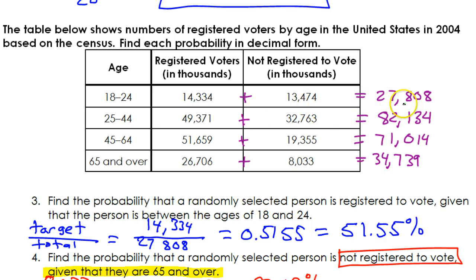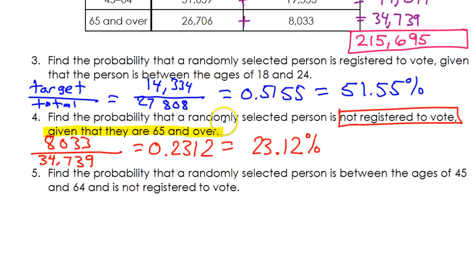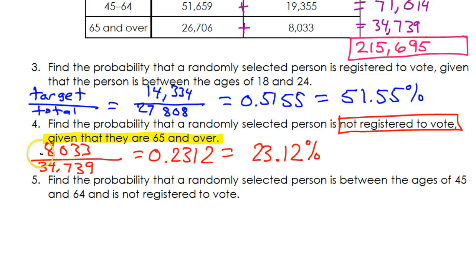So far I've added up these, and now I'm about to add up these numbers to get the overall total. This is the total number of outcomes in the sample space, the total number of people recorded by the census. So when I do this probability, I'm going to do target over total, and this is going to be my total.